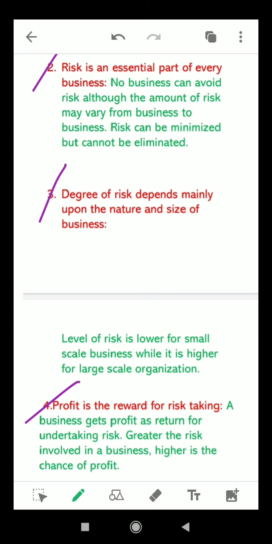A businessman faces future uncertainties, and if he is not prepared to take all this risk, then he will not get proper rewards. In order to earn more, one should be prepared to lose also. If you want to earn more, you have to get ready for the loss also.